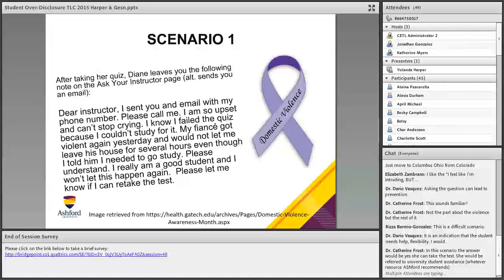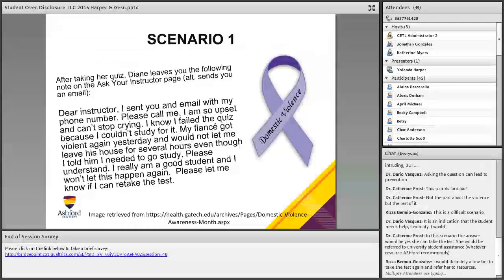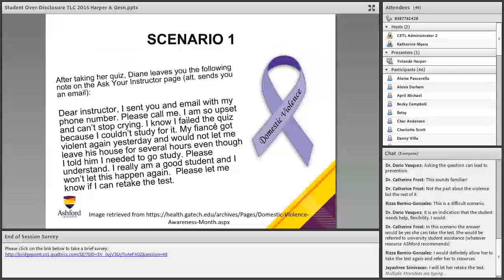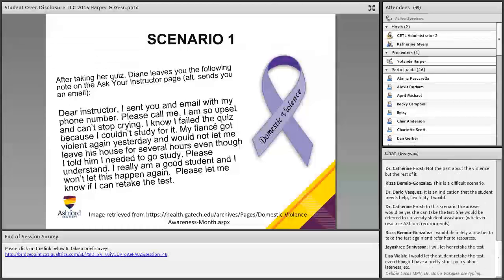This is great. And I really want this to be interactive, because we all have different approaches. We have different personality styles, and we learn from each other. So right now, more people would allow the student to retake the test.